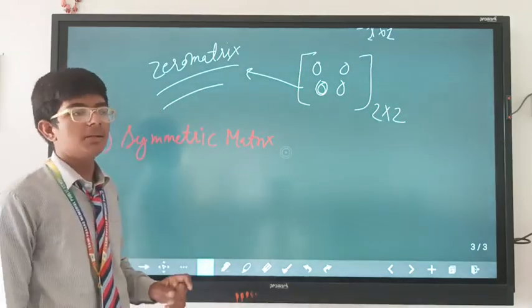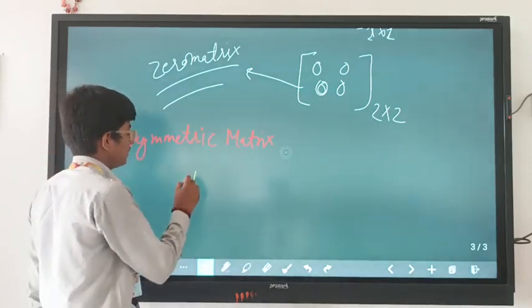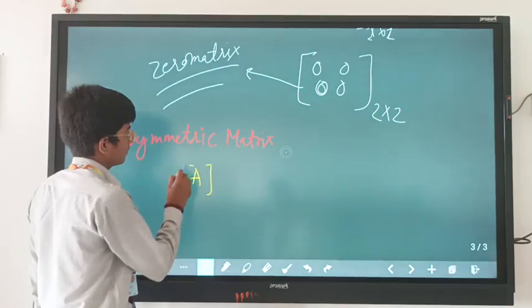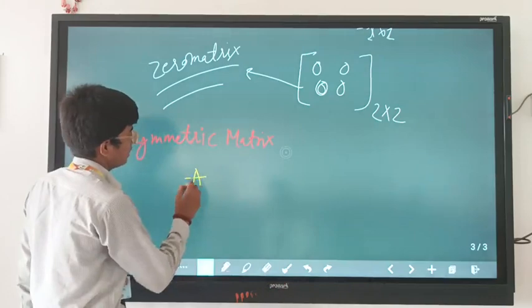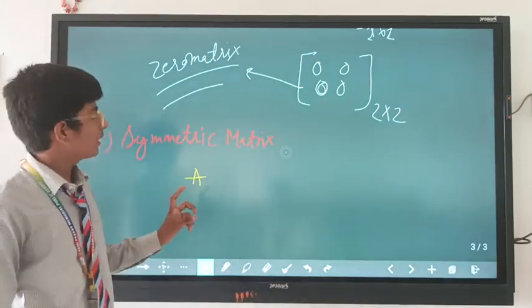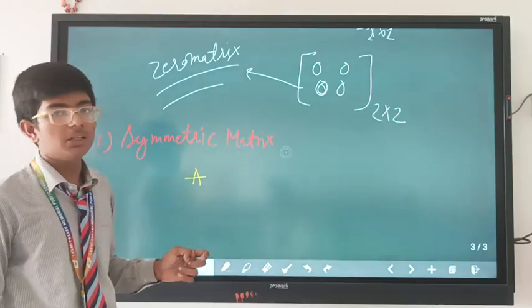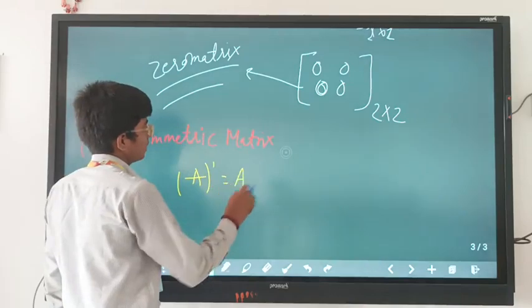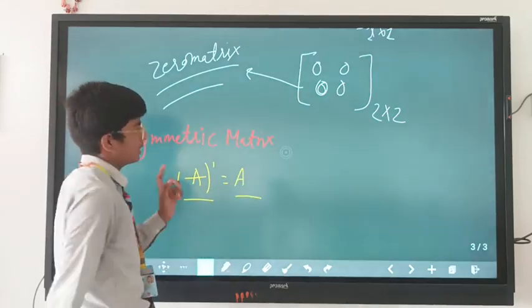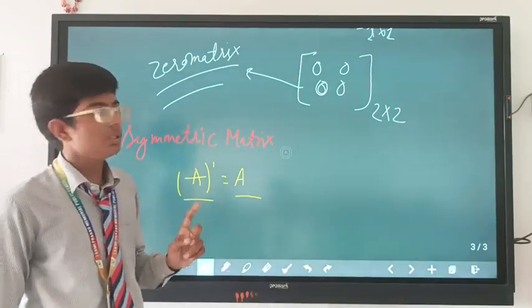If we have a matrix A such that when we take its transpose we get the same matrix again, then it is a symmetric matrix. Before we proceed, we first understand what a transpose is.